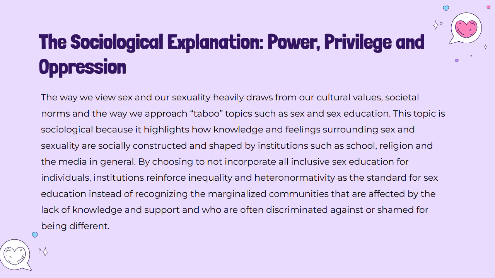By choosing to not incorporate all-inclusive sex education for individuals, institutions reinforce inequality and heteronormativity as the standard for sex education, instead of recognizing the marginalized communities that are affected by the lack of knowledge and support, and who are often discriminated against or shamed for being different.